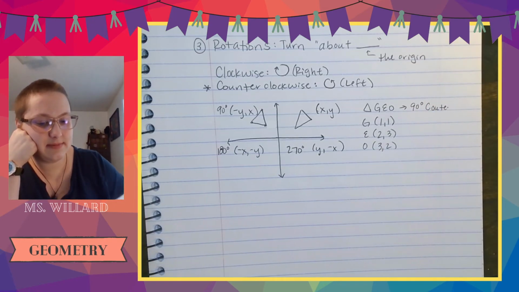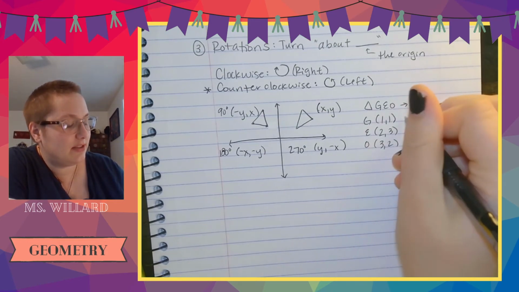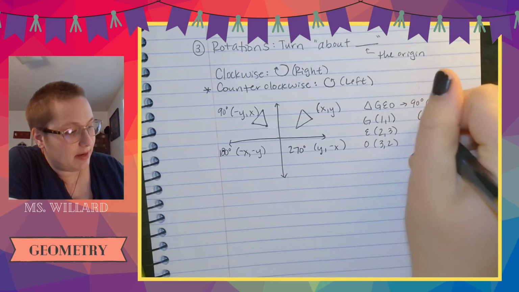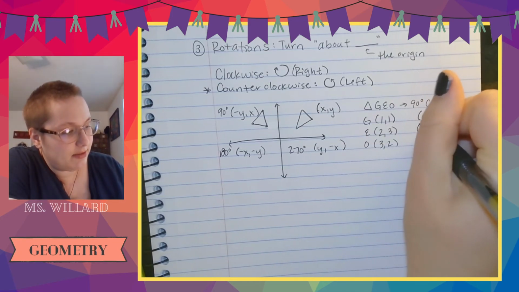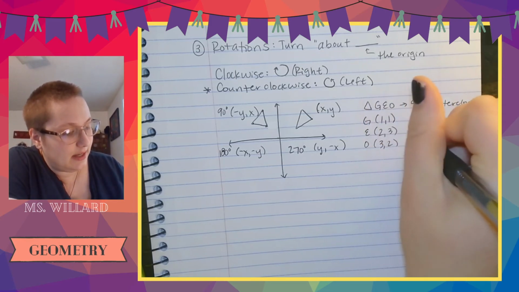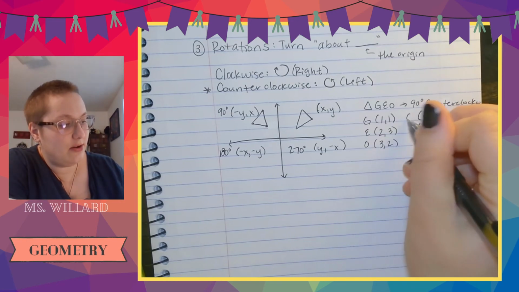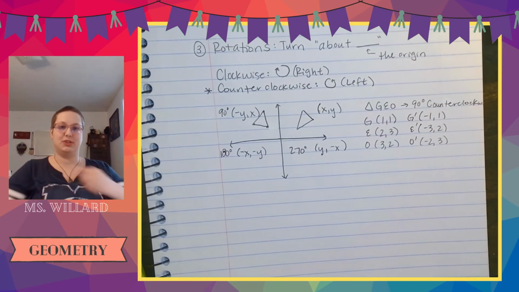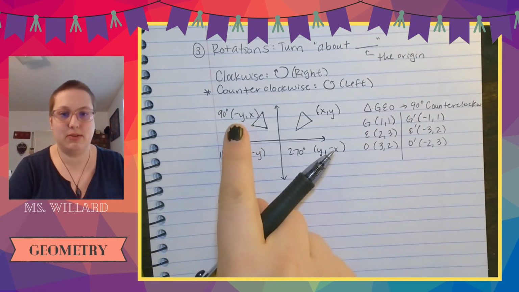Hold on. Listen, I ran out of room, but you know what I mean. Counterclockwise. Then I would switch the X and the Y, and I would make the Y negative. So it would be -1, 1, -3, 2, and -2, 3. So that would be my new G, E, and O for geometry. So I switched X and Y, and I made the Y negative.